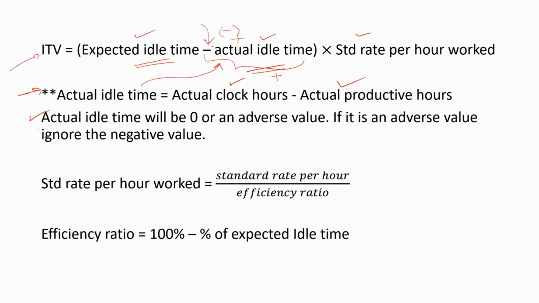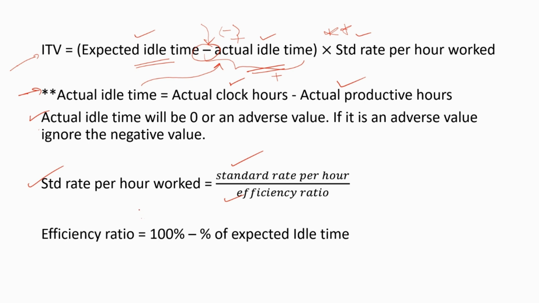In order to do that, there should be a negative sign here. If you use the negative actual idle time, this negative will become a positive value. That is the reason. And then we have to calculate the standard rate per hour worked. This is how we can calculate it: the standard rate per hour worked is equal to the standard rate per hour divided by the efficiency ratio.